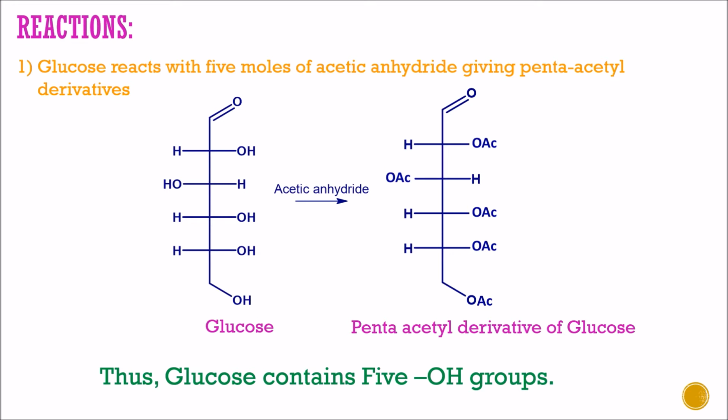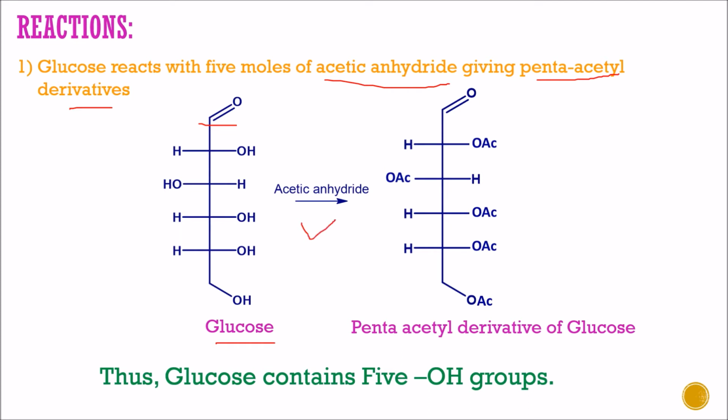Reaction number 1 is glucose when reacts with 5 moles of acetic anhydride gives penta-acetyl derivative. Here, this is the structure of glucose. It has CHO group present at carbon number 1 and it has 6 carbon chain present.